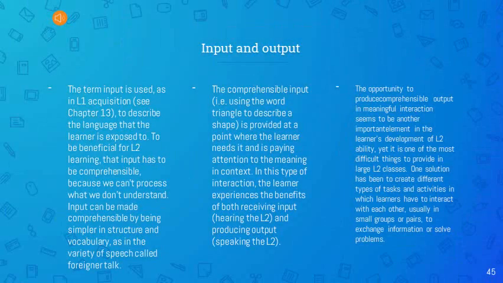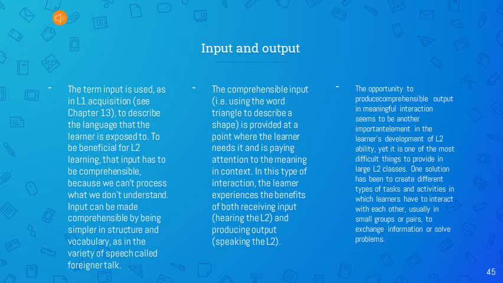Input and output. The term input is used as in L1 acquisition, see Chapter 13, to describe the language that the learner is exposed to that is beneficial for L2 learning. That input has to be comprehensible because we can't process what we don't understand.